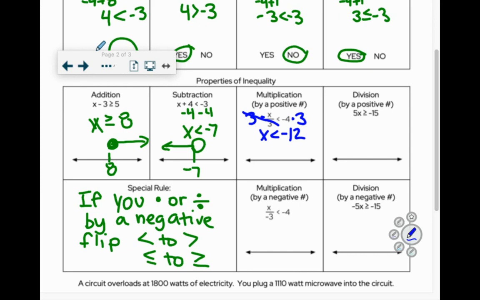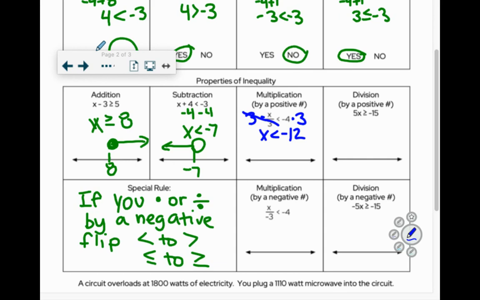We were multiplying by 3, not negative 3. There was a negative 4 involved, but it was not the number that was being multiplied on both sides. This is where knowing what stuff you're doing versus what's already there is really important. Okay, some of us don't always think that through all the way. Okay, and we're going to go to negative 12, open circle to the left.